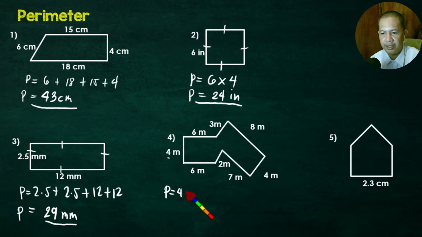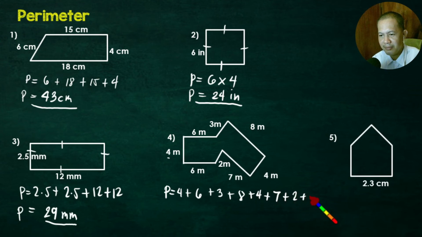We have 4 plus 6 plus 3 plus 8 plus 4 plus 7 plus 2 and plus 6. So pagsama-samahin lang natin. So this is 10, this is 11, this is another 11, and this one is 8.